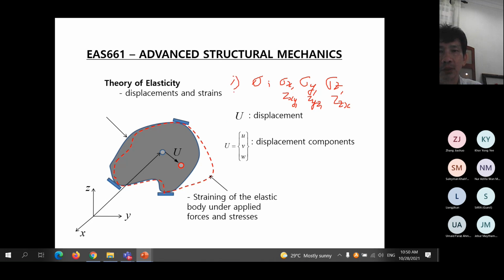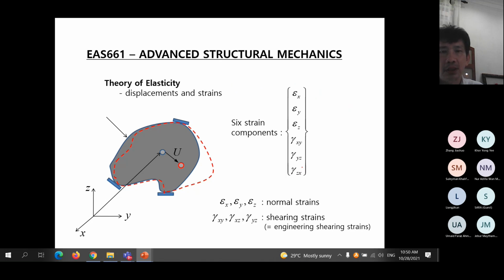The first one is sigma, the second one is displacement, and the third set is the strain. This is the third set of variables that we need to determine. Strain is represented using the symbol epsilon: epsilon X, epsilon Y, epsilon Z, and then another 3, gamma XY, gamma YZ, and gamma ZX.